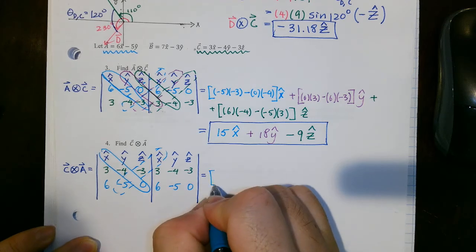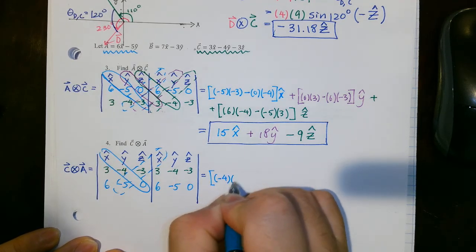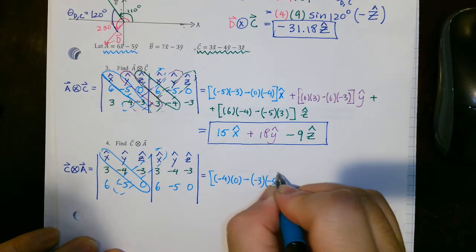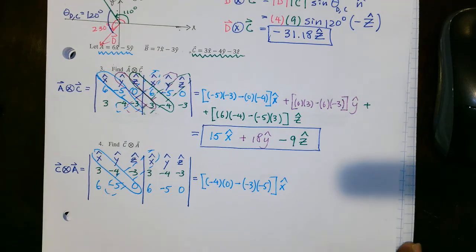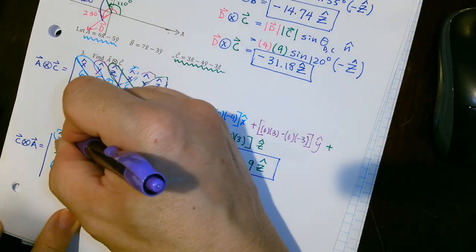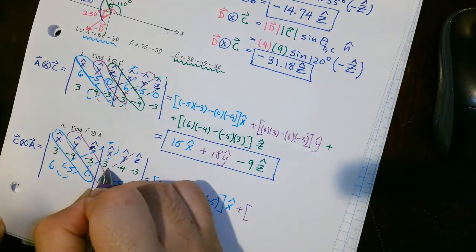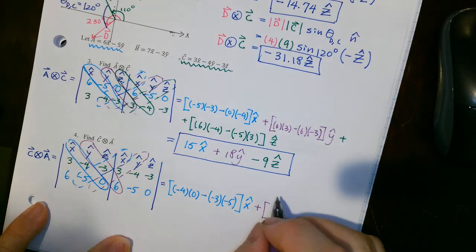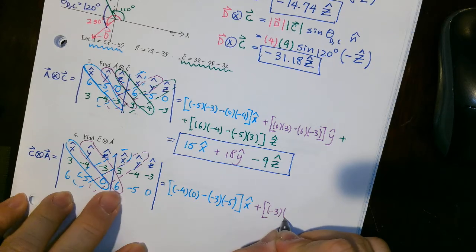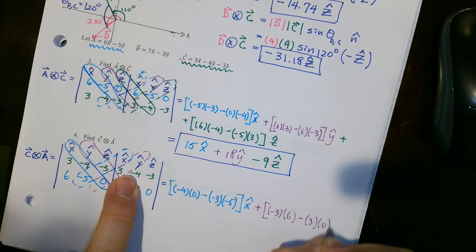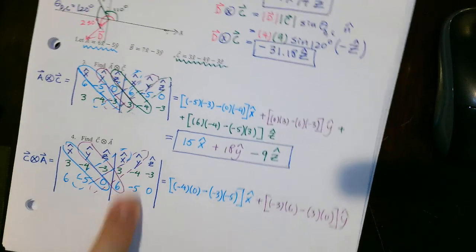Therefore, it is negative 4 times 0 minus negative 3 times negative 5 x hat, plus, right, it will do this minus that, which is negative 3 times 6 minus 3 times 0 y hat.